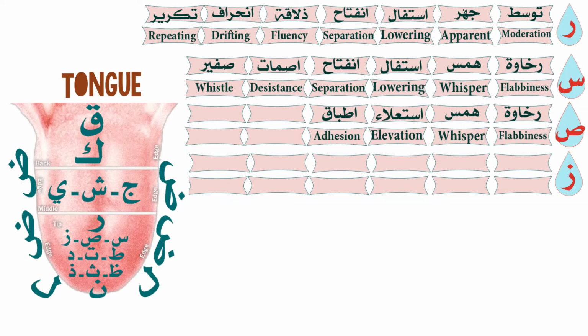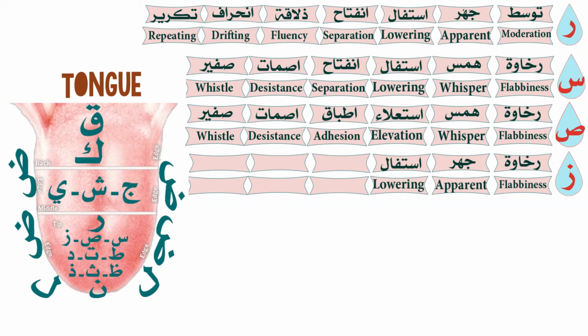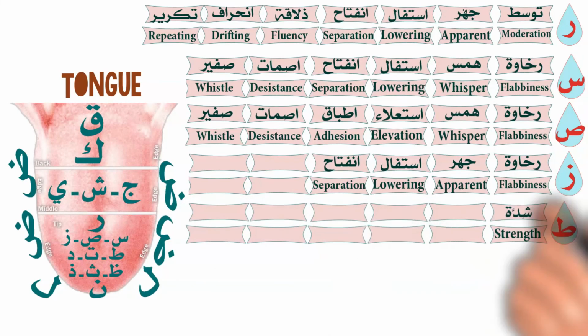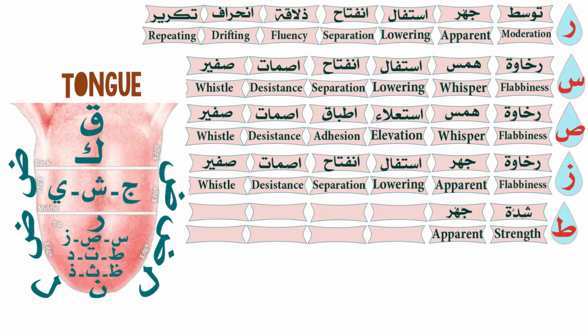Then the صاد has رخاوة, floppiness, همس, whisper, استعلاء, elevation, إطباق, adhesion, إصمات, resistance, صفير, whistle. Then the زاي, رخاوة, floppiness, جهر, apparent, استفال, lowering, انفتاح, separation, إصمات, resistance, and صفير, whistle. These three letters are called the صفير letters.